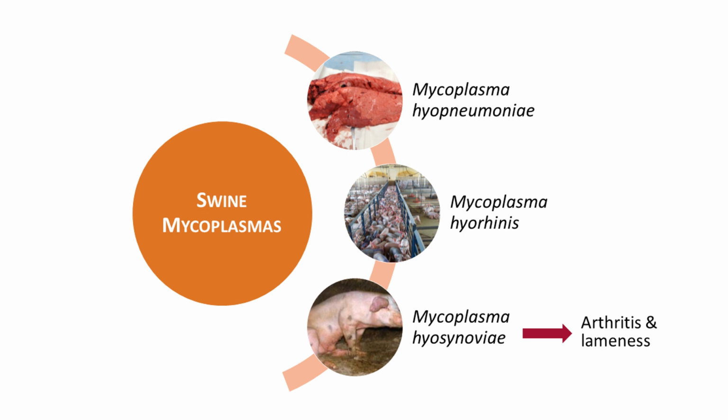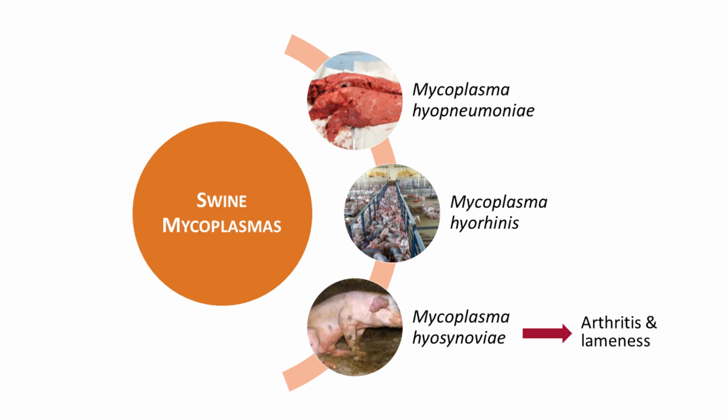Just to make sure that everybody's on the same page, when we say mycoplasma in swine, usually we are referring to Mycoplasma hyopneumoniae, the one that we had two presentations about and that causes respiratory disease in pigs. But there are other mycoplasmas that are infectious to pigs and cause disease, and one of them is Mycoplasma hyosynoviae, mainly in nursery pigs.